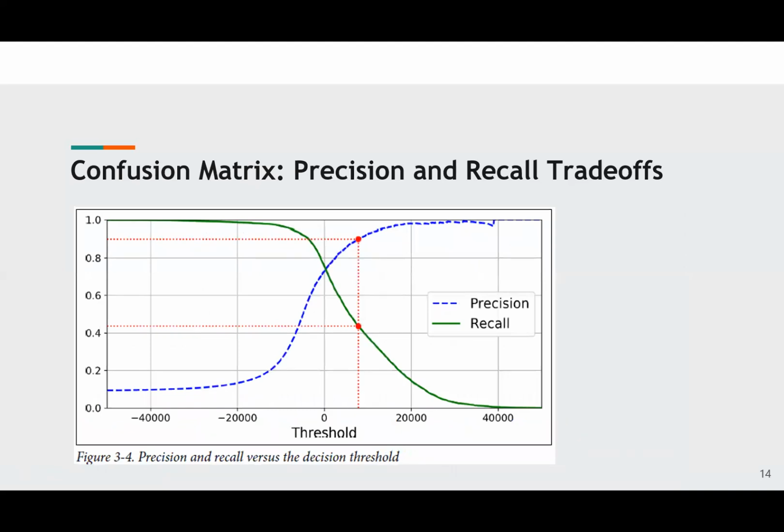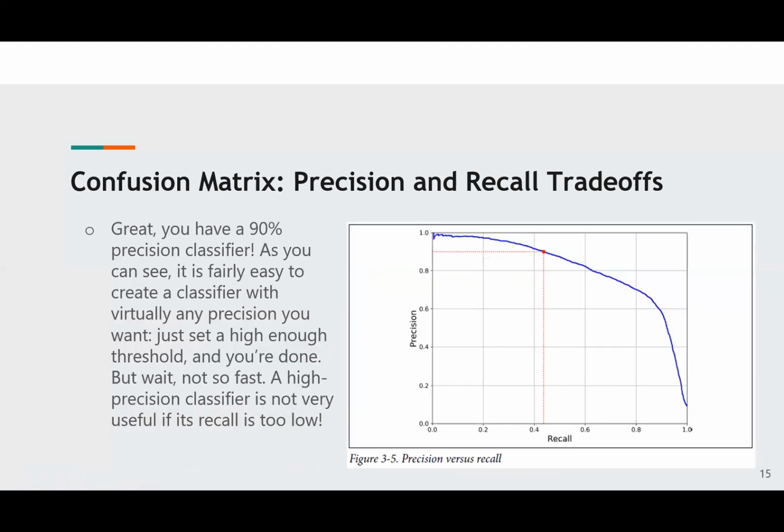So let's see the next example. This graph shows that it's really that trade-off that we just discussed. As the threshold changes, your precision versus your recall turn out to be different. For a specific example, for this dotted line, precision is around 0.9 and recall is around 0.42. What if we put the precision and recall on the same chart, like what we saw here? Recall being the x-axis and precision being the y-axis.